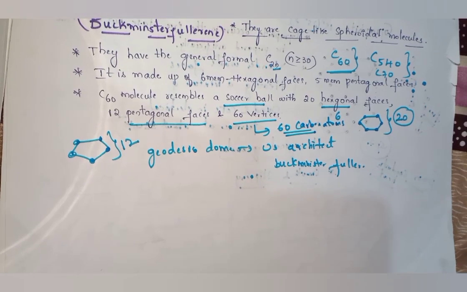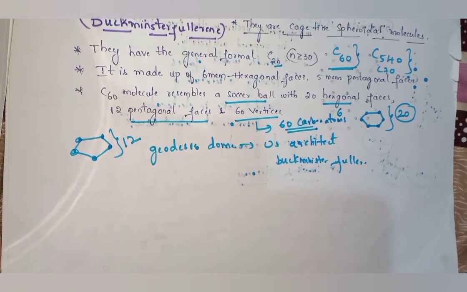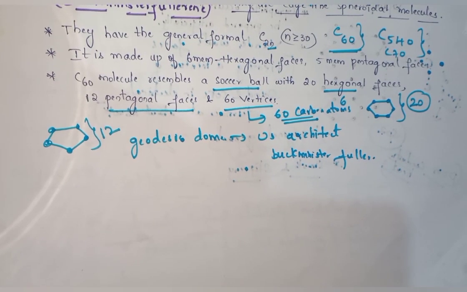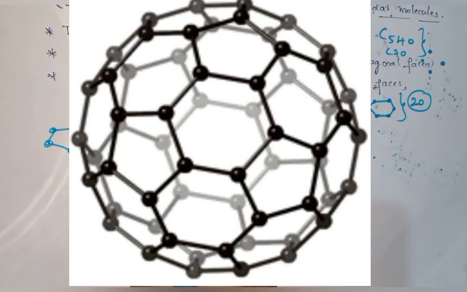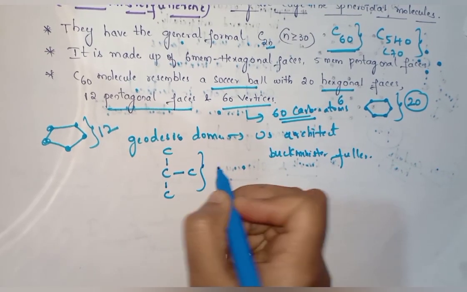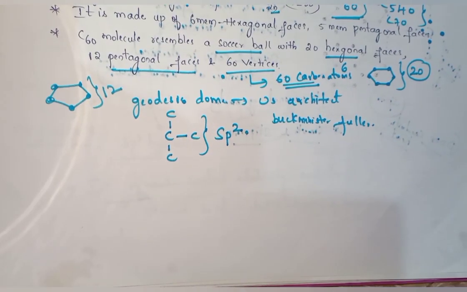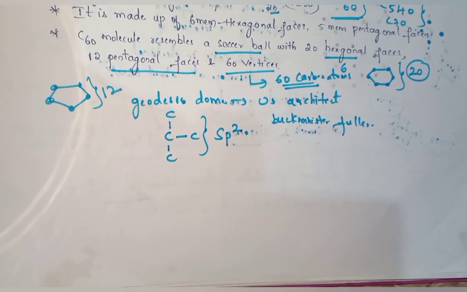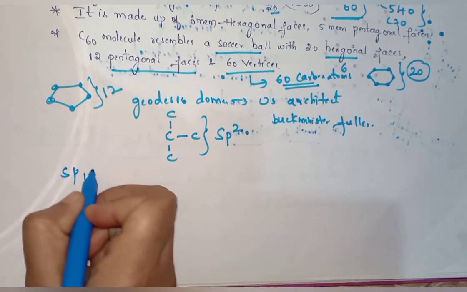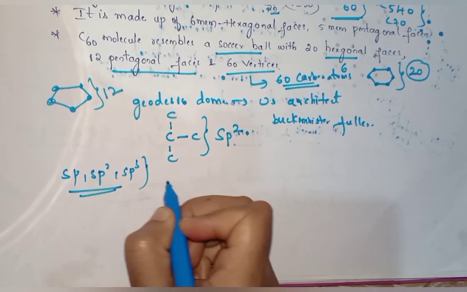It is also a crystalline form of a carbon. It is having carbon and nothing else. As you can see in the picture that each carbon is bonded to 3 other carbon atoms. So it is also having sp2 hybridization. So you should know that in carbon only sp, sp2, sp3 hybridization is possible.